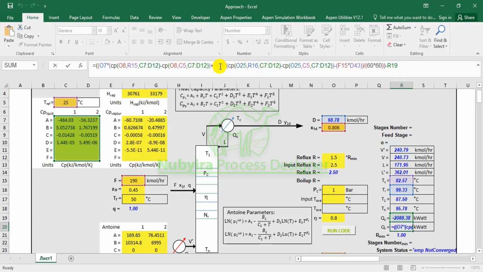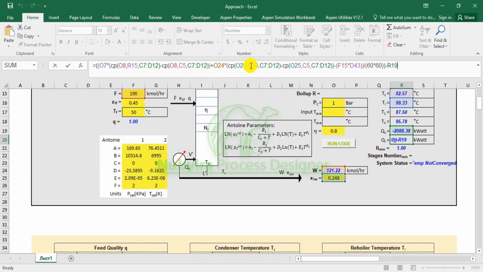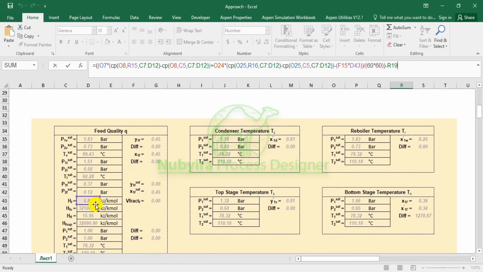Then I did the same for the bottoms too, O24, and the temperature of the bottom of the reboiler, and the reference temperature, then multiply it with the minus the feed temperature and enthalpy of the feed, because the enthalpy of the feed has already been calculated over here.